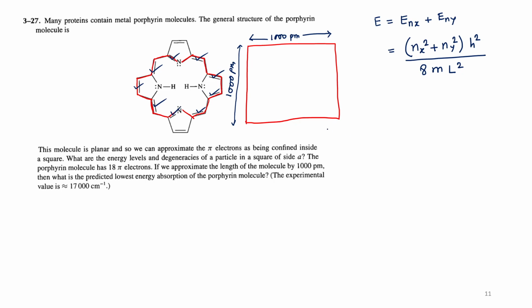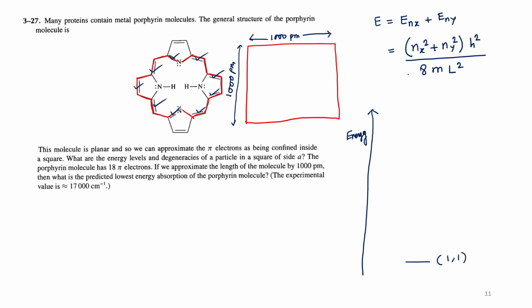So obviously there are 18 pi electrons. Actually, let me draw the energy states first. So, suppose this is my energy scale. Energy increases from down to up. So obviously my first state would be 1 comma 1, right? So these are my variables, right?